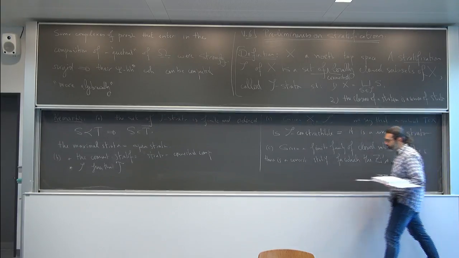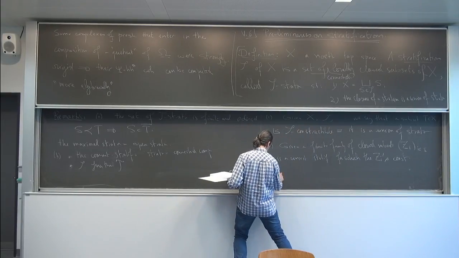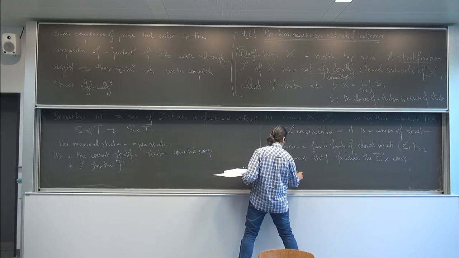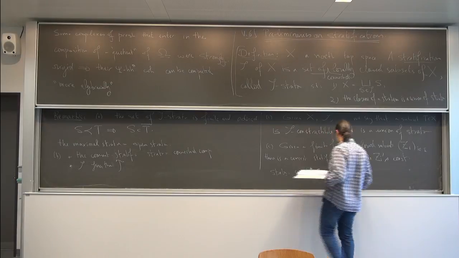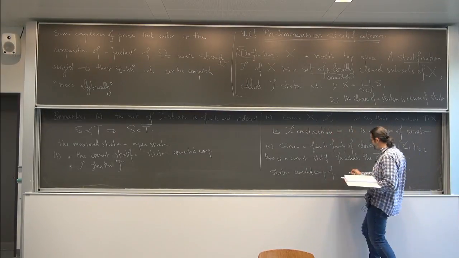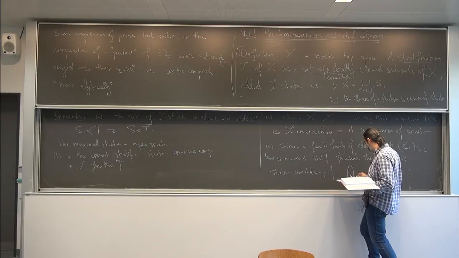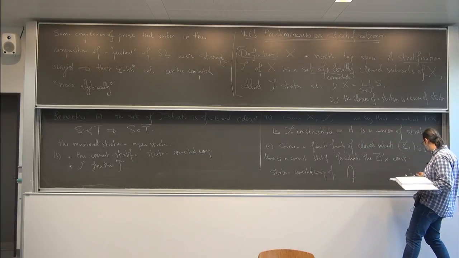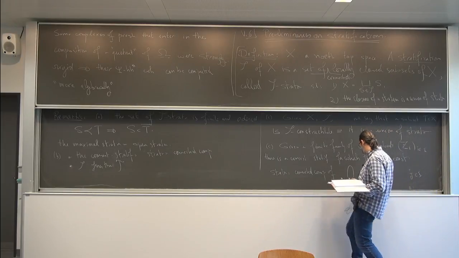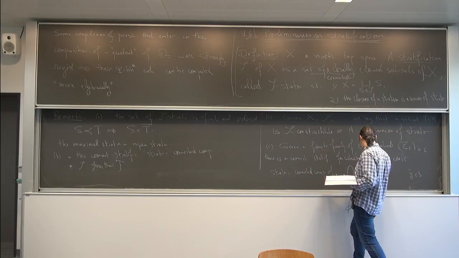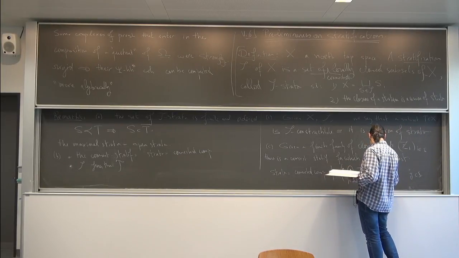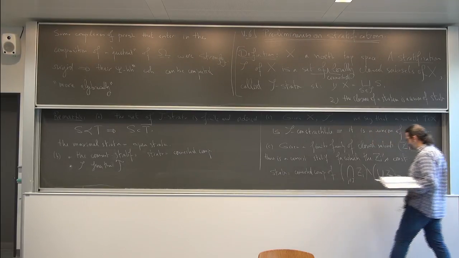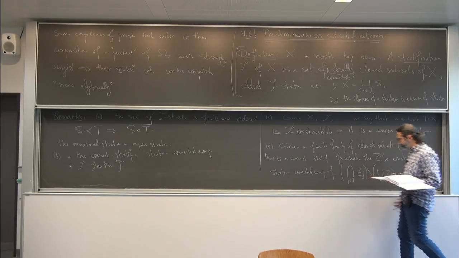So the strata are exactly the connected components of the following subsets. So you fix a subset G inside I. So this depends on G inside I. You take the intersection of the closed subsets in G, and then you remove the union of the others. This is G. Okay.